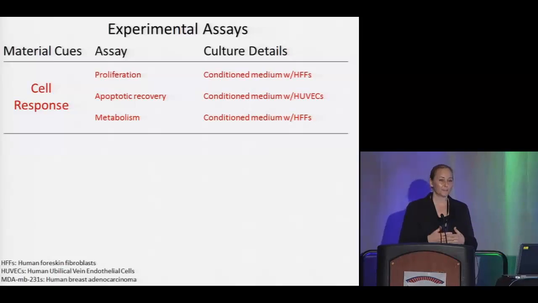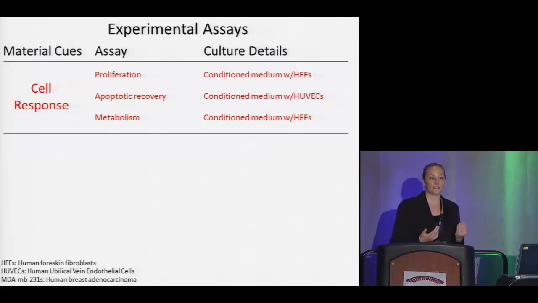And with these particular assays, they're all done with conditioned media, which is serum-free, just to elute any of the factors that were residual in the material. I do want to point out, for all of our assays, we actually fine-tuned them and picked out different types of cells that would be very typical response within the body to specific cues.